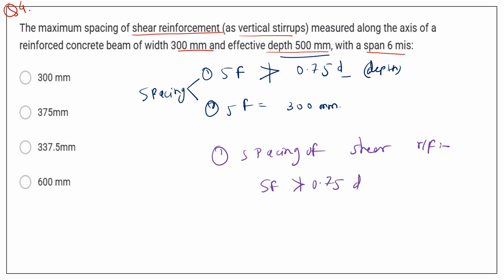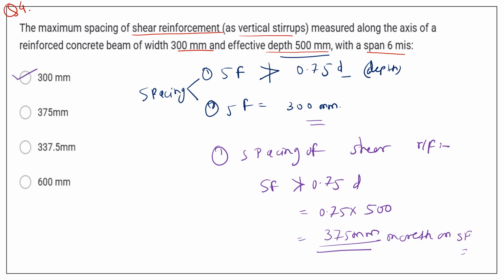So 0.75 into d, which is 500, is nearly equal to 375 mm, but this value is more than 300 mm. Because of that, we'll take the spacing of shear reinforcement as 300 mm, which is given in the first option. So here first option is correct.